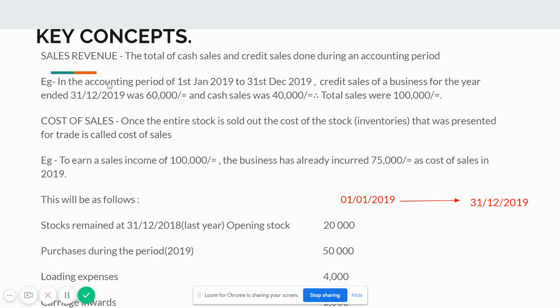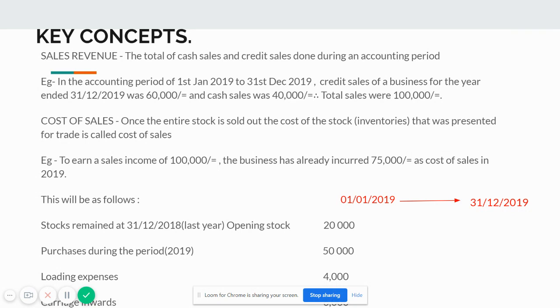As you all already know, practically in a business, there can be cash sales as well as credit sales. So here I have taken an example like this. In the accounting period of 1st January 2019 to 31st December 2019, credit sales of a business for the year ended 31st December 2019 was 60,000 and cash sales was 40,000.